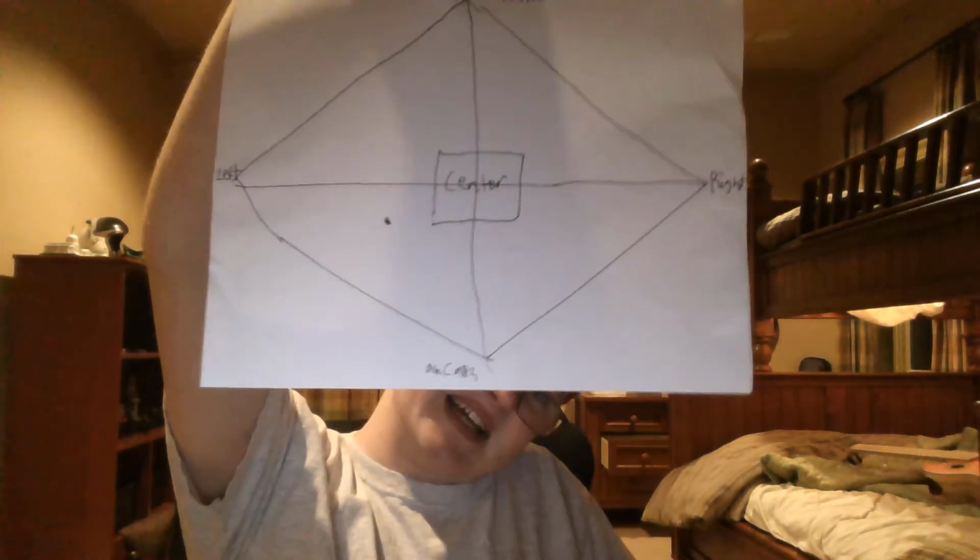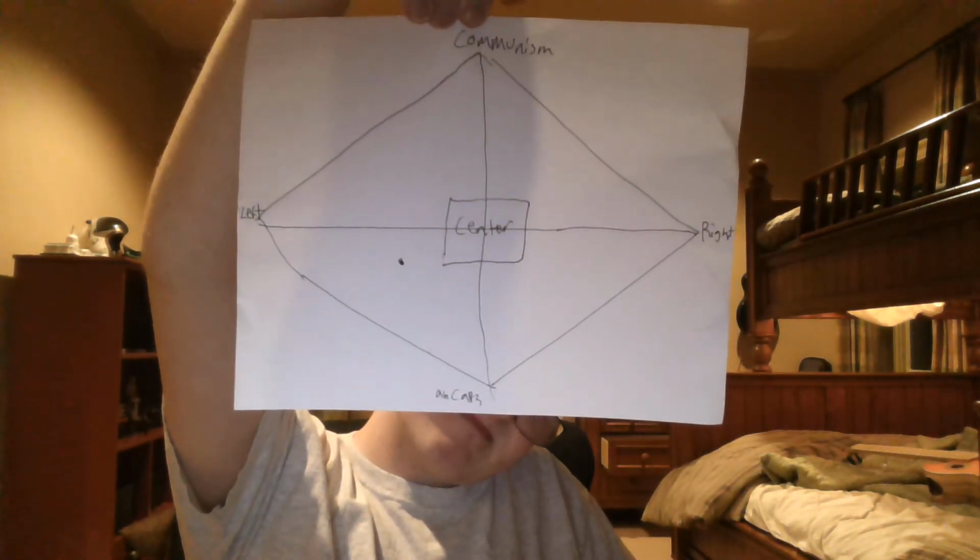That's the real way you should interpret the left-to-right-wing spectrum, instead of the version you see on the political compass. Because this little diagram right here should be the new political spectrum.